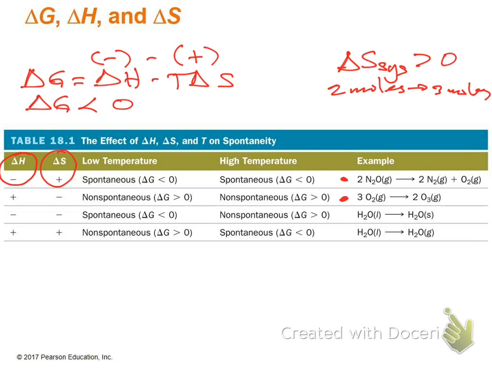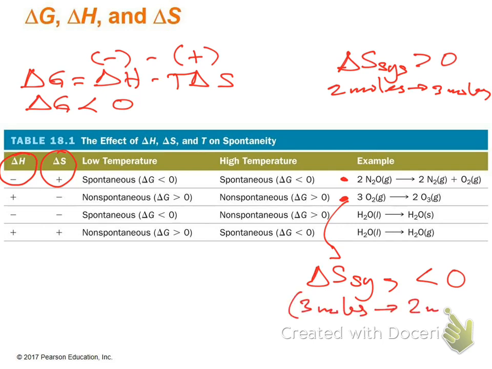All right, so for the second example here, we have 3 moles of oxygen gas. So we're converting oxygen gas into ozone. So we have 3 moles of oxygen gas to 2 moles of ozone, and that gives you a negative delta S for the system. So we have a negative delta S here, from 3 moles to 2 moles.